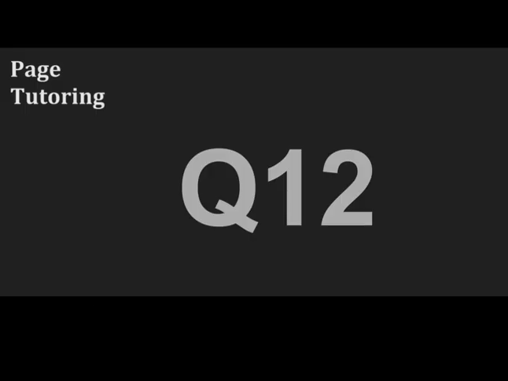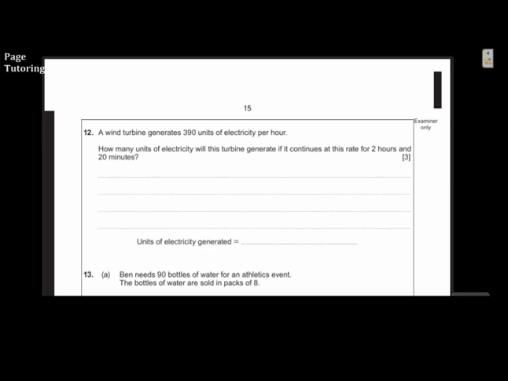Question 12. A wind turbine generates 390 units of electricity per hour. How many units of electricity will this turbine generate if it continues at this rate for 2 hours and 20 minutes? So starting off, we have our 390 units per hour.